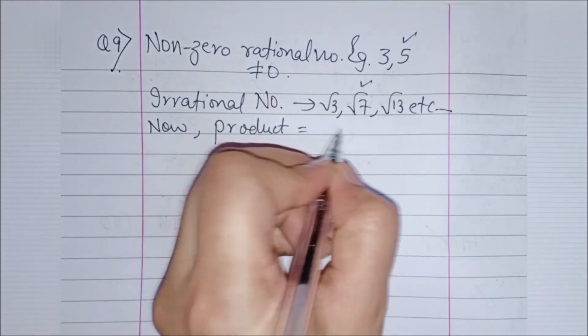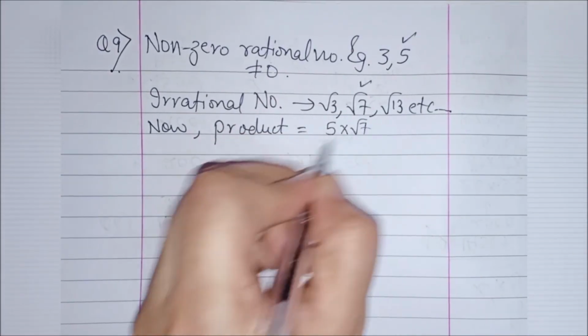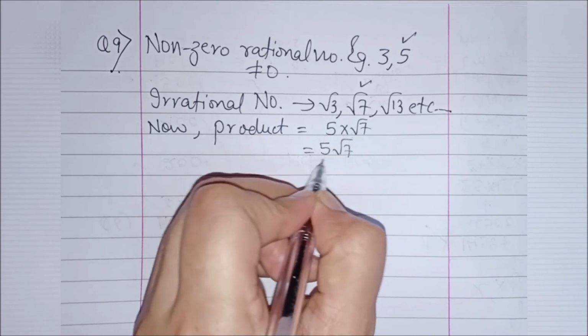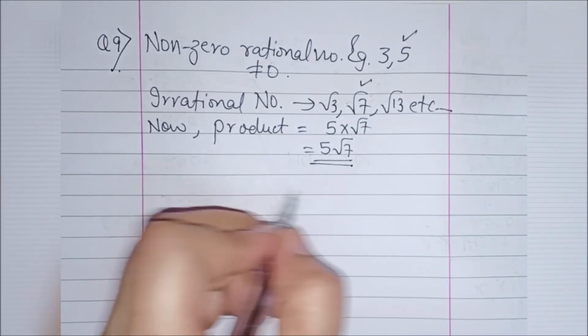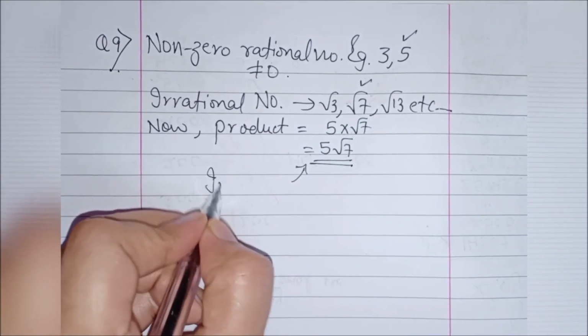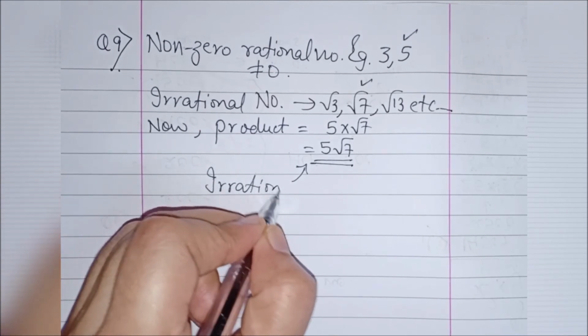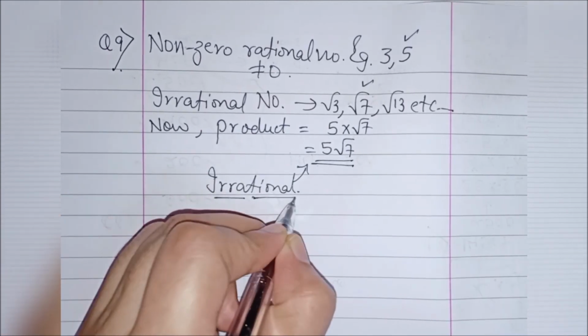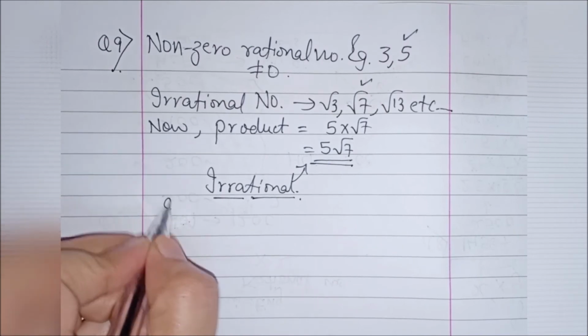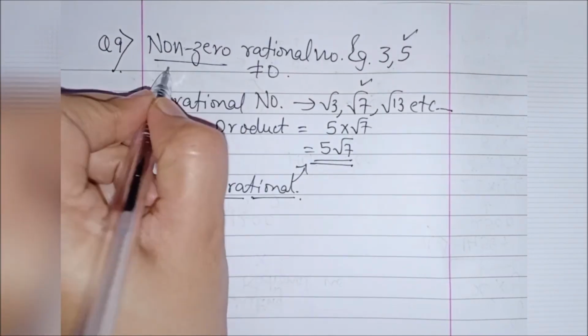So let's take 5 and root 7, and what will be the product of these two? 5 into root 7 is nothing but 5 root 7, which is an irrational number. So what we can say about the product of a non-zero rational with an irrational? It will be irrational itself.